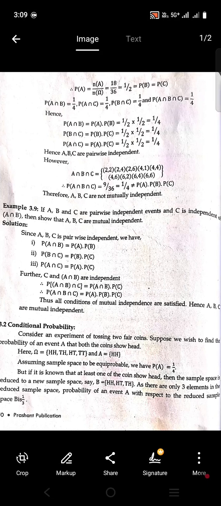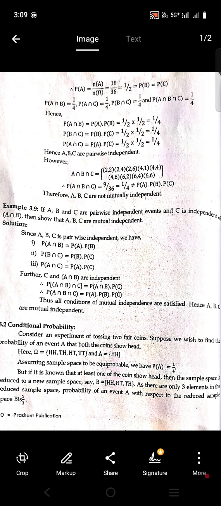That is the favorable event of A. Assuming the sample space to be equiprobable, the probability of event A equals n of A divided by n of S. The favorable event is 1, and the total number of sample points is 4, so that is equal to 1 by 4.